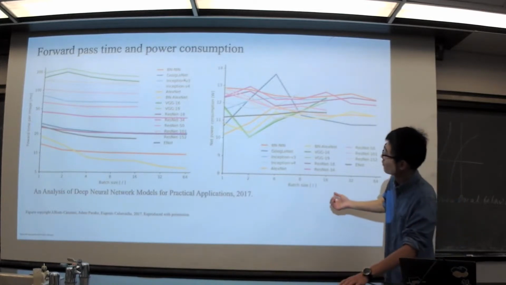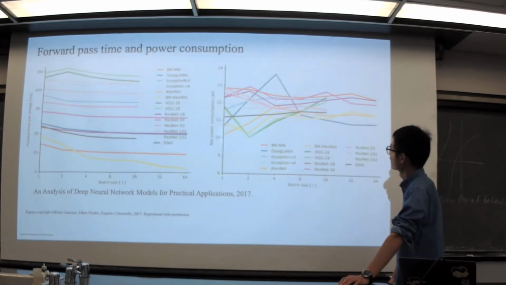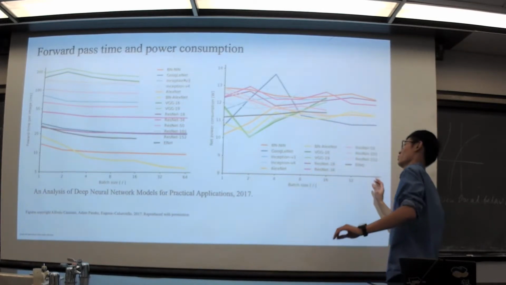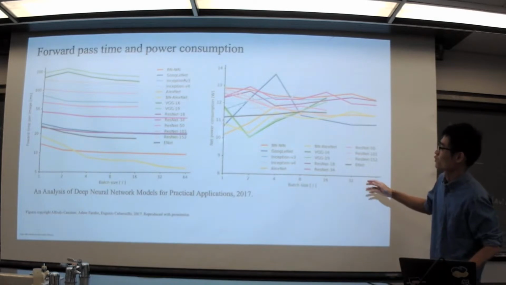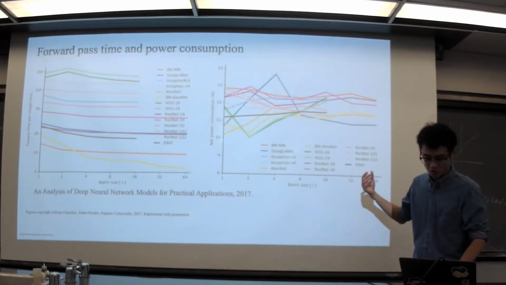This one is power consumption. It's how much power it costs to do the prediction. When should you care about these things?